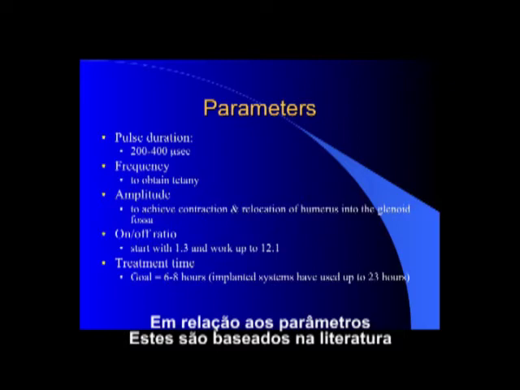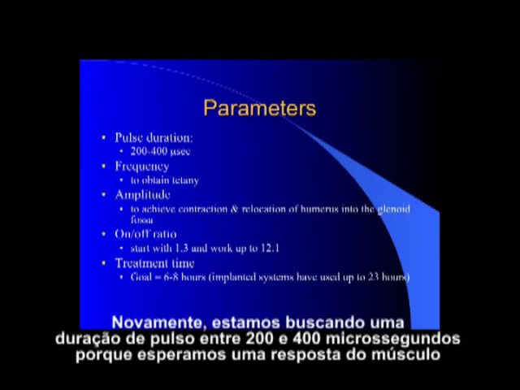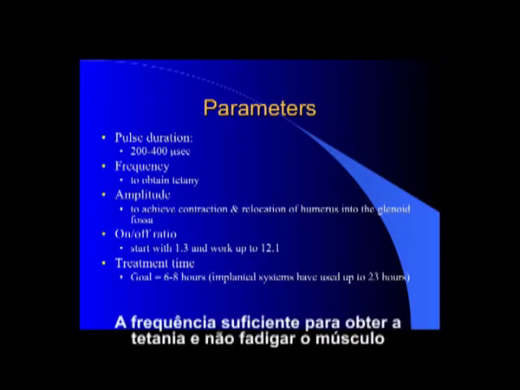All right, as far as our parameters, again, these are based on the literature. So again, we're looking in the 200 to 400 microsecond range for the pulse duration, because we want to get a muscle response. Again, frequency, just enough to get tetany, so that we're not fatiguing the muscle.